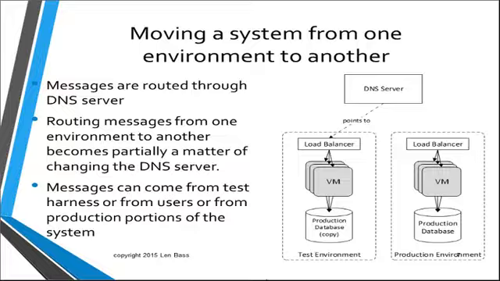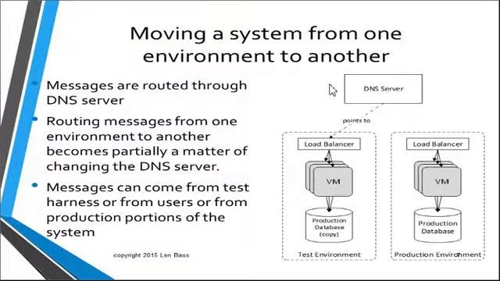So how do you move the system from one environment to another? One aspect of that is just how messages are routed. You recall when we talked about DNS that there was this notion of time to live.